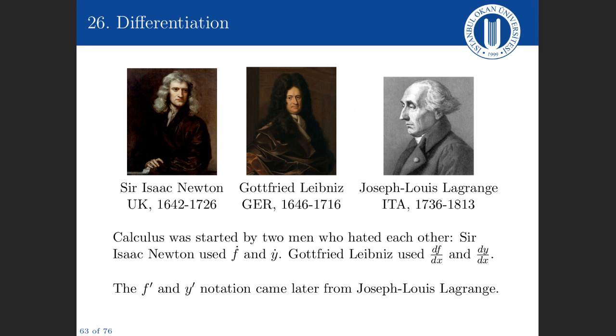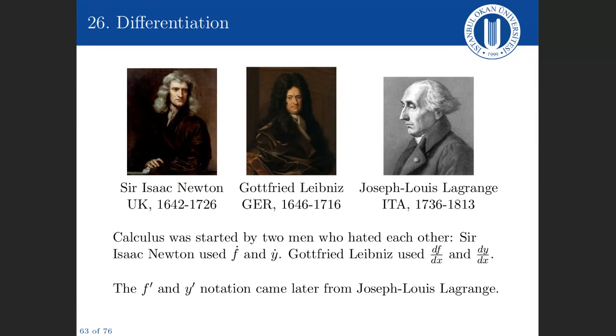Quick history lesson. Calculus was started by two men, Newton and Leibniz, and they both claimed to have invented calculus first. Then they argued about who invented calculus first, and then they ended up hating each other. So Isaac Newton, who is perhaps more famous nowadays, used the notation f dot and y dot.